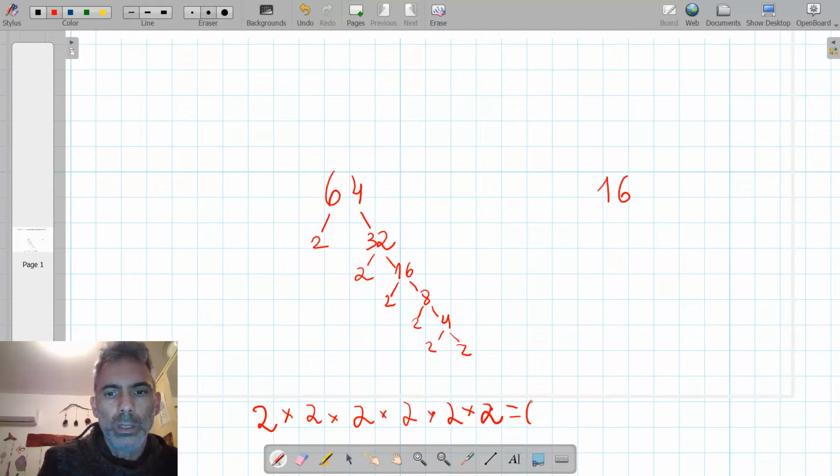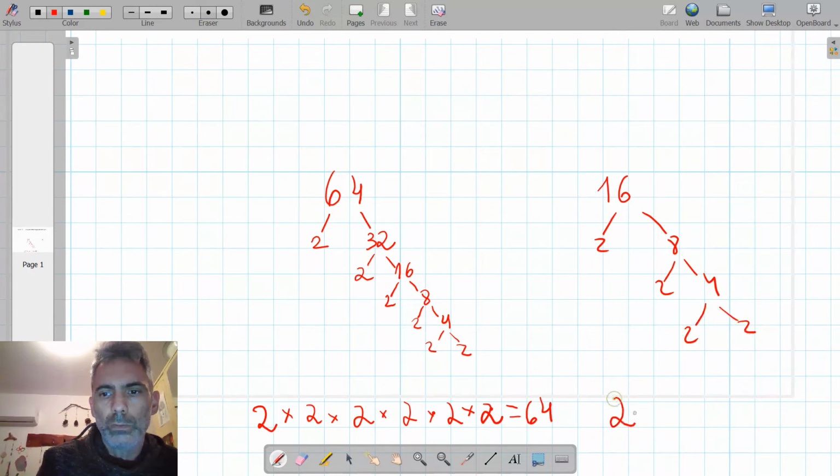So 2 to the power of 6 is 64, and 16 is 2 times 8, 8 is 2 and 4, and 4 is 2 and 2. So here we have 2 times 2 times 2 times 2. 1, 2, 3, 4. This is 16. So 2 to the power of 4 is 16.